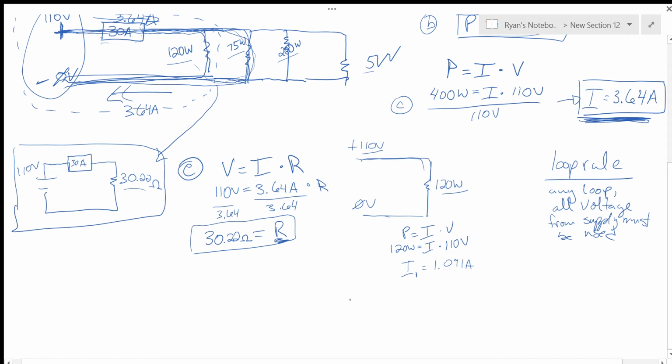So the power of resistor 2, 75 watts, is I2 times the voltage.